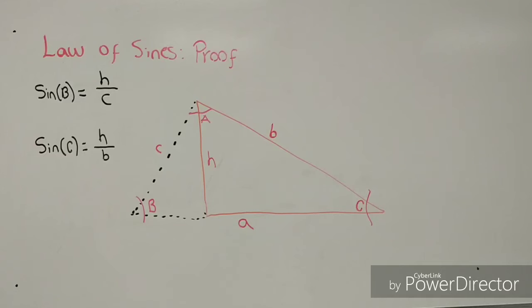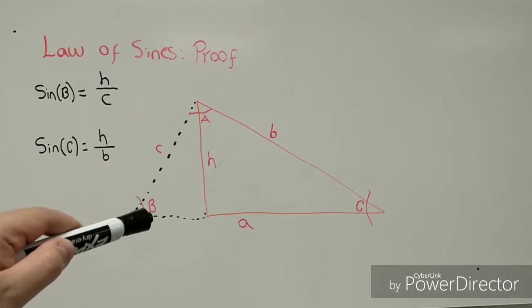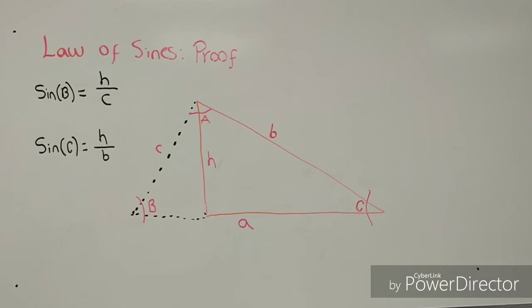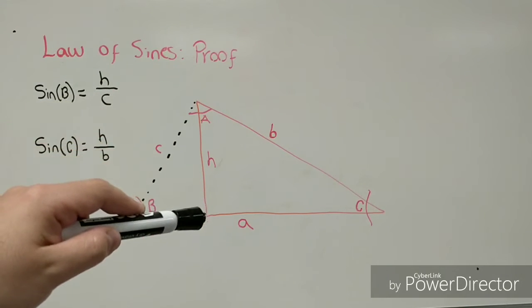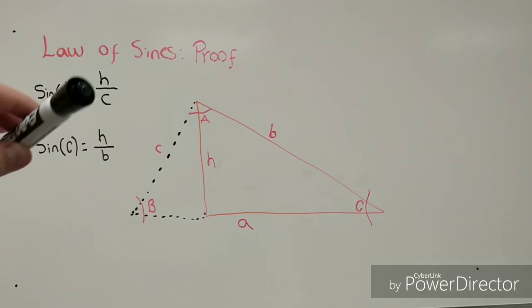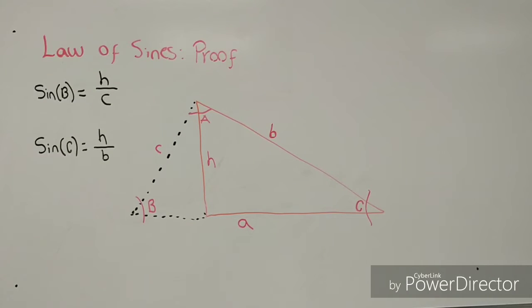So for the one in black, we're gonna calculate the sine of the angle B, capital letter. The sine of this angle is the opposite, which is h, divided into the hypotenuse. Do you remember that?